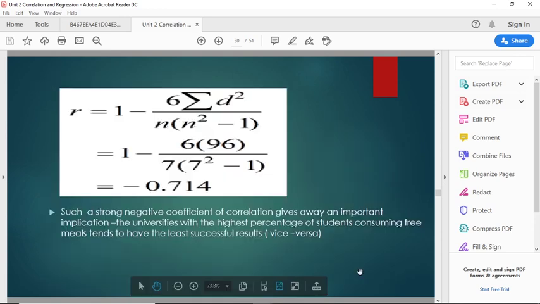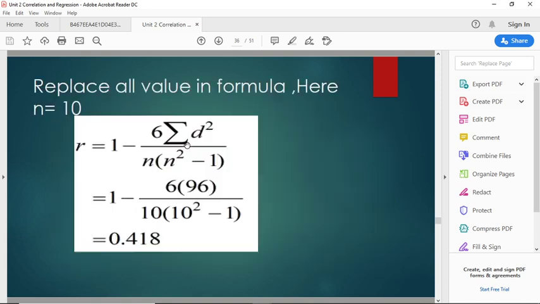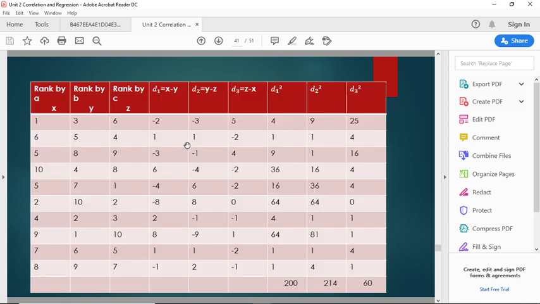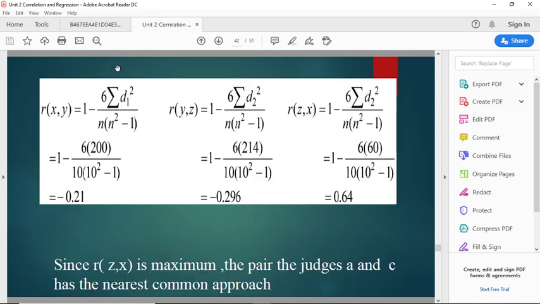Then the formula is 1 minus 6 sigma d square upon n into n square minus 1, and replace all the values, where n indicates the total number of data. In this way we can solve the rank correlation. That's all the examples we learned in the last lecture.